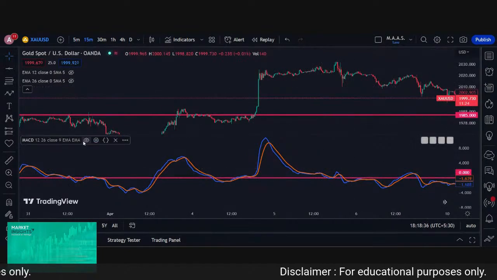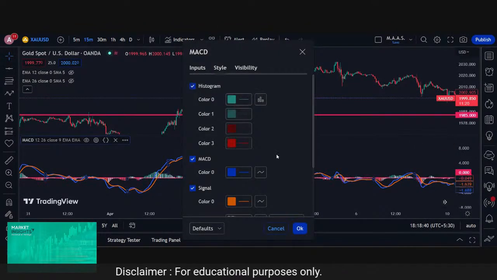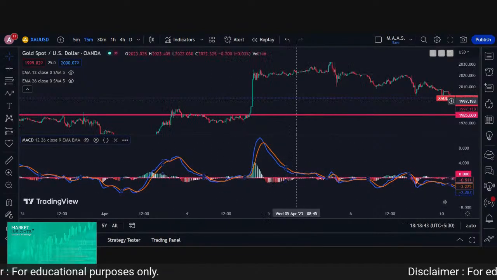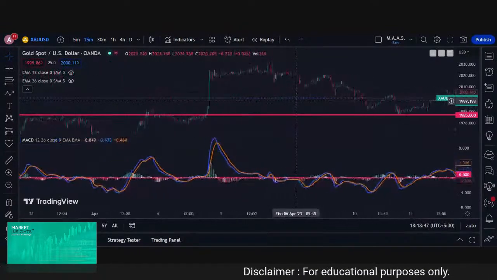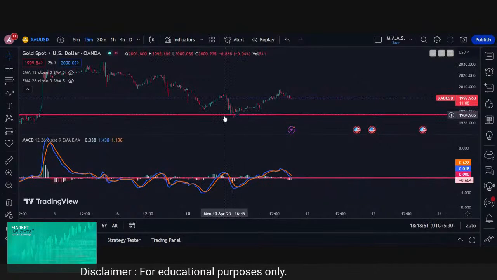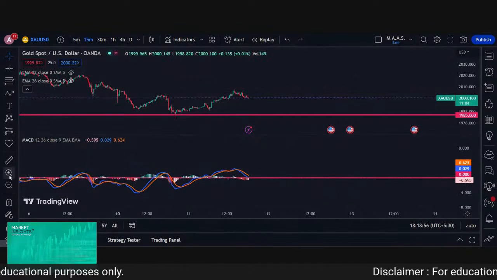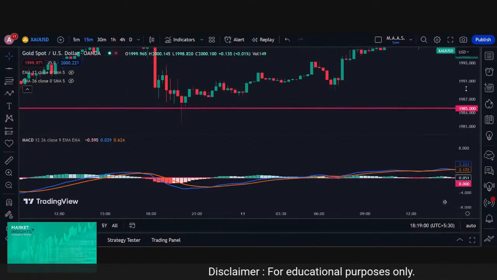I suppose I have made myself very clear. The MACD is clear, the histogram is clear. If it is making a higher high in the histogram, that is also a scenario where you can go on. Now, that 1985 resistance has acted as a 1985 support here. Okay, I suppose I can see all the candles properly. I don't know about my viewers.